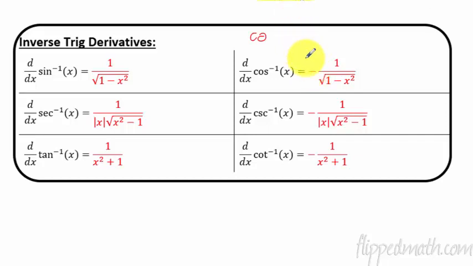So each one just has the negative symbol in front, and then everything else is identical. If we're taking derivatives and it starts with C, that is the negative version of the original inverse trig. Pause and write that down if you don't have everything down right now.